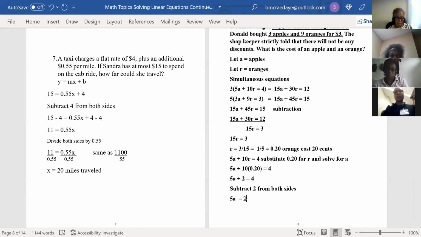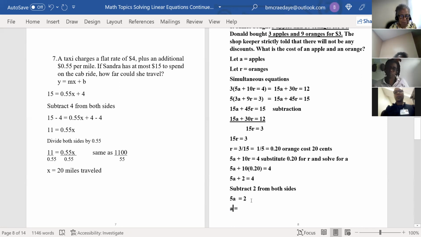Then what is A equal to, Maureen? What do I do next to get A? Subtract 2 from both sides and then 5A equals 2.